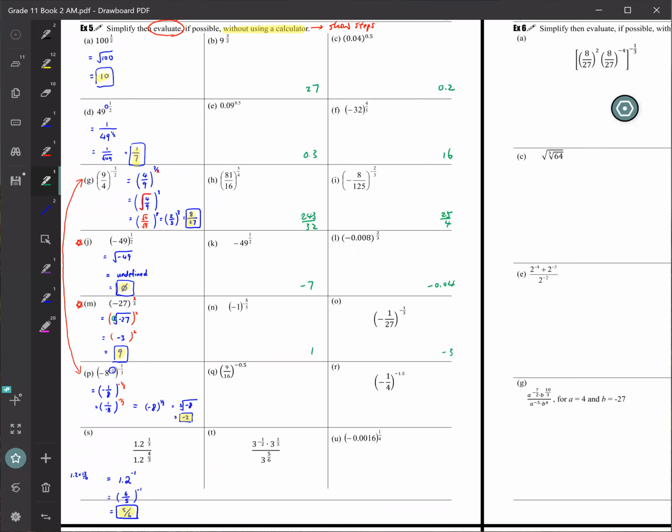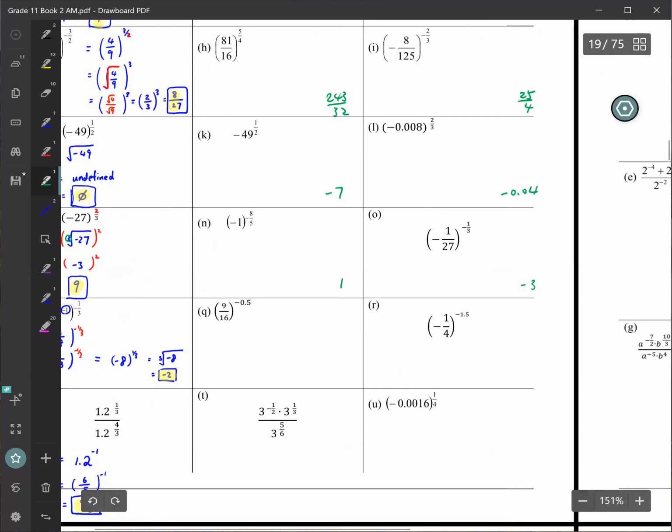Okay, Sarah, are you done? I'm not sure how to do R. Which one? Oh wait, never mind. Yeah, I'm done. So what's your answer for Q and R? For Q is 4 over 3, and then for R is -8.